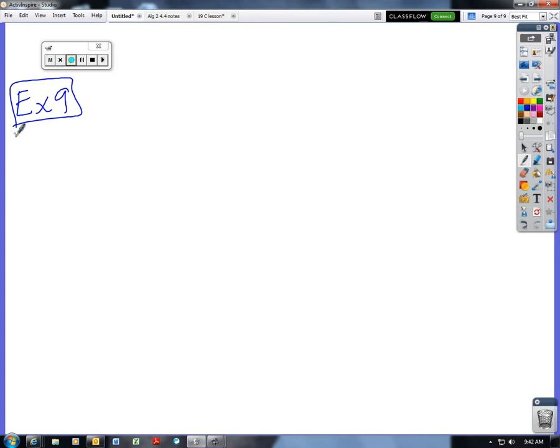A particle is initially at the origin, so they're giving us our initial position. Initially at the origin, moving to the right at 5 centimeters per second. I'm writing fast because these videos get so long if I go too slow.